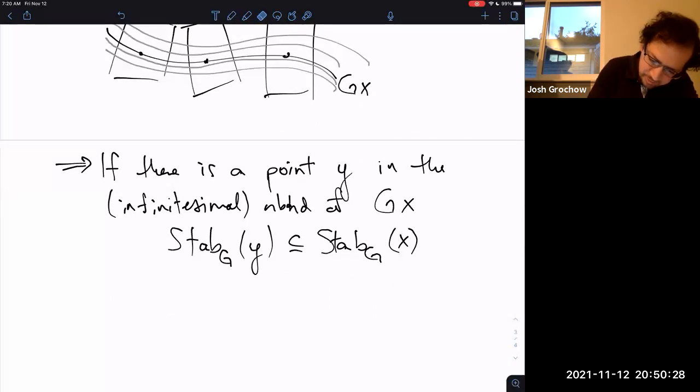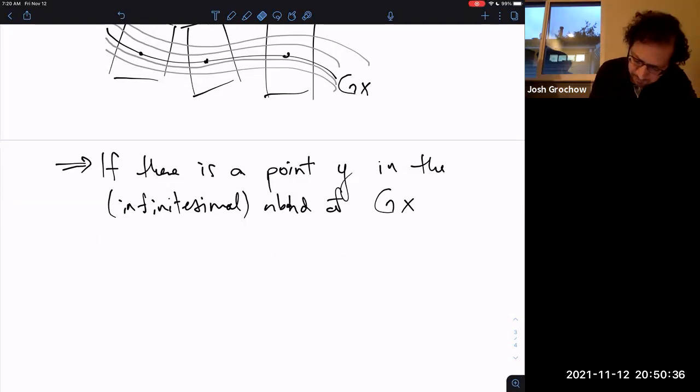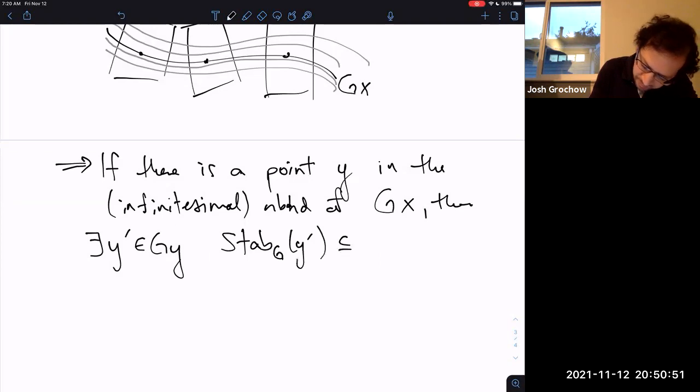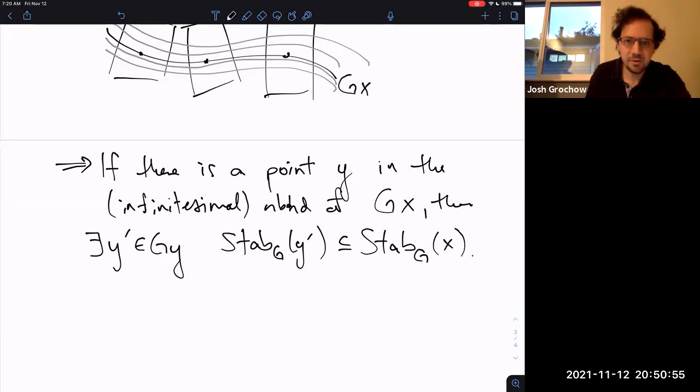So rather than say that, let me say this. If there's a point y in the infinitesimal neighborhood of x, then there is a y prime in the orbit of y, such that the stabilizer of y prime is actually contained in the stabilizer of x.